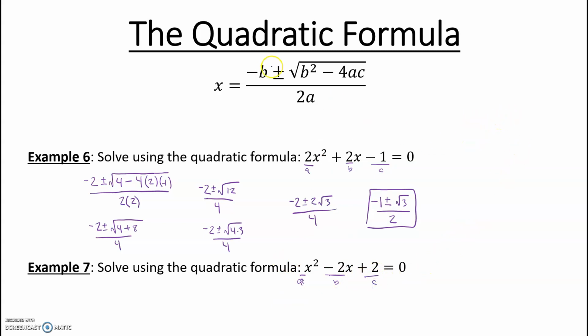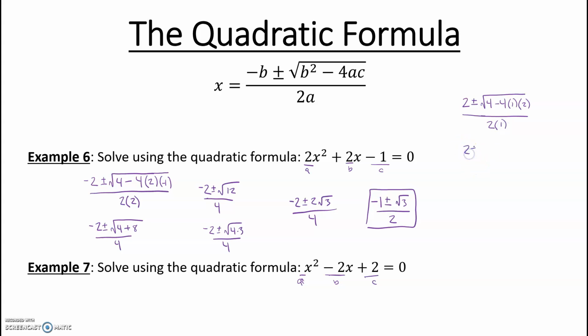So we have opposite of B. So negative 2 becomes positive 2. Plus or minus the square root of B squared, so negative 2 squared is 4, minus 4 times A times C. All of that is over 2A.